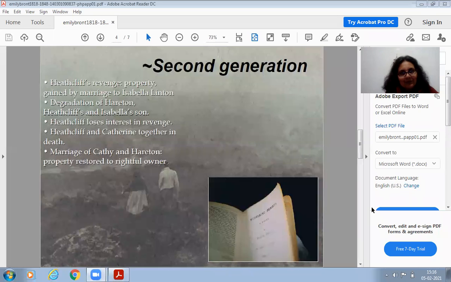So, in a rough sense, you can say that this novel is the story of what happens in these two families, or in other words, the story of three generations. In the first generation, we have Mr. Earnshaw and Mr. Linton, or you can say the Earnshaw family and Linton family.